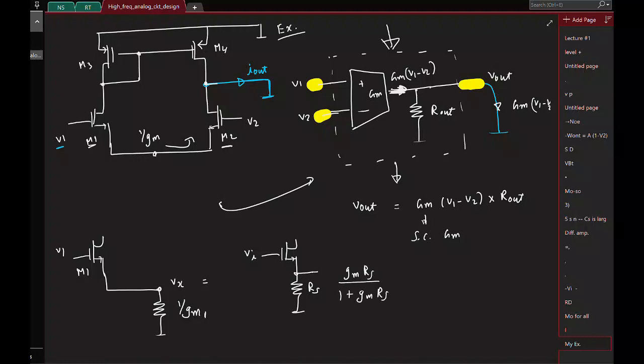So here what is RS? That's 1 over GM. So what does it simplify to? 1 by 2. So basically Vx will be V1 by 2. If I do the similar experiment with V2, that will again be V2 by 2. So the total Vx is going to be V1 plus V2 by 2. Let me probably write it separately.